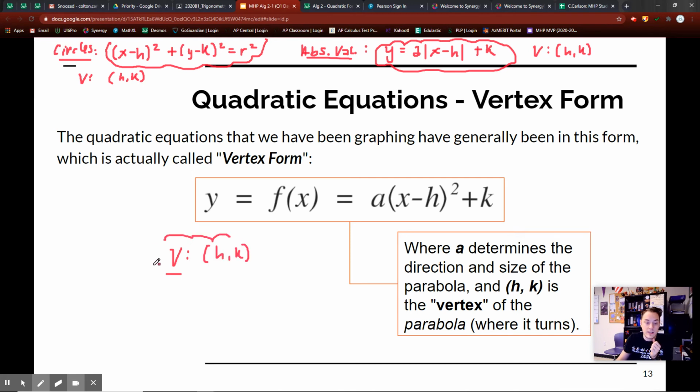So I'll be utilizing this formula. Let's go through a variety of examples using the vertex form, pulling out the vertex and actually graphing it. I'm not going to be utilizing Desmos all that much because we just don't need to. So let's go to town and then we're going to be done.